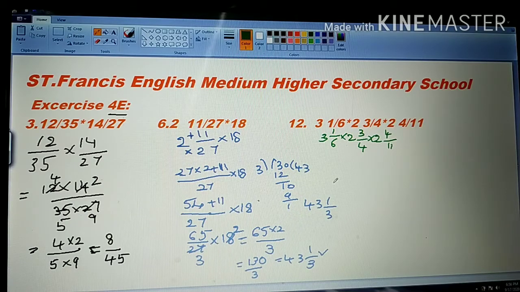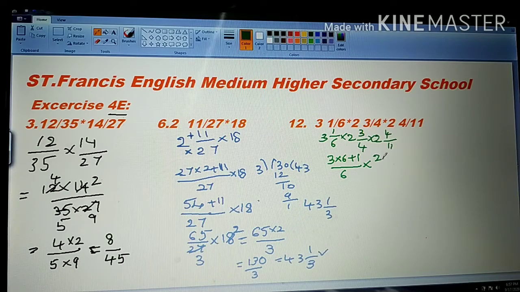See here, again converting these mixed fractions into improper fractions. First convert this one into improper fractions, after that directly you do multiplication, the product of numerators and the product of denominators. See here, 3 into 6, after that adding the numerator, divided by 6, into as usual multiplication.